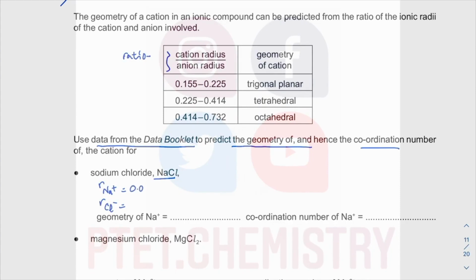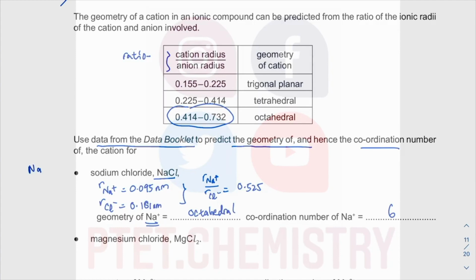That will give you 0.095 nanometer, and that is 0.181 nanometer. So r(Na+) over r(Cl-) is 0.525, and 0.525 is somewhere in between these. Okay, so the geometry of the cation will be octahedral, and therefore the coordination number will be 6, because when you have octahedral, you can imagine the Na+ being surrounded by 6 Cl-.